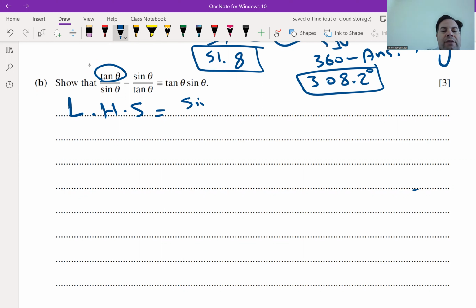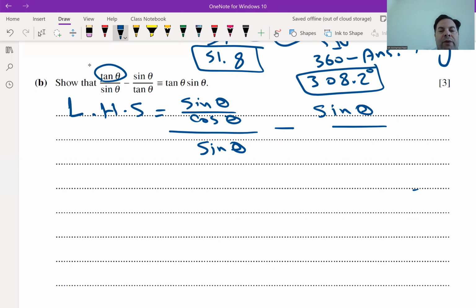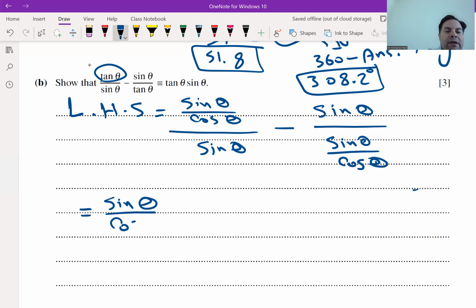Sine theta over cosine theta, all divided by sine theta, minus sine theta divided by tan theta, which is sine theta over cosine theta.